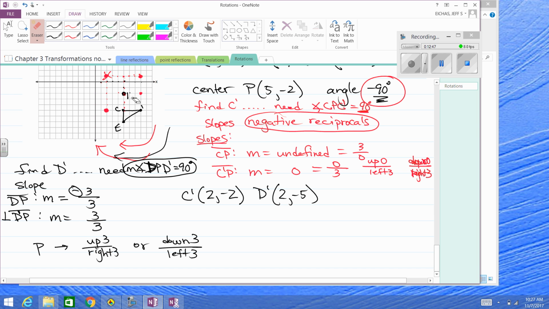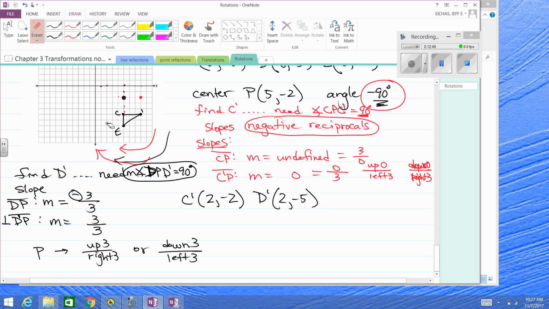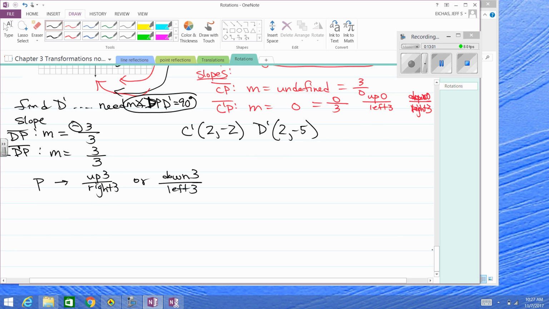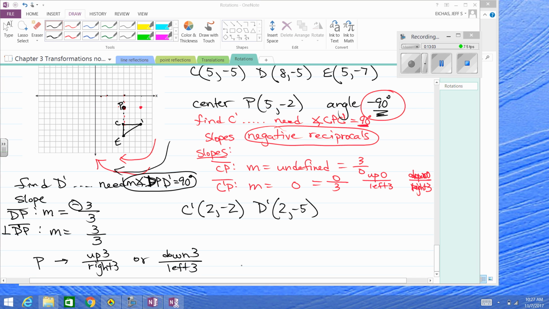Now we've got to take a look at E. E, luckily for us, is 1, 2, 3, 4, 5 from P, 5 up. E to P, the slope is undefined.